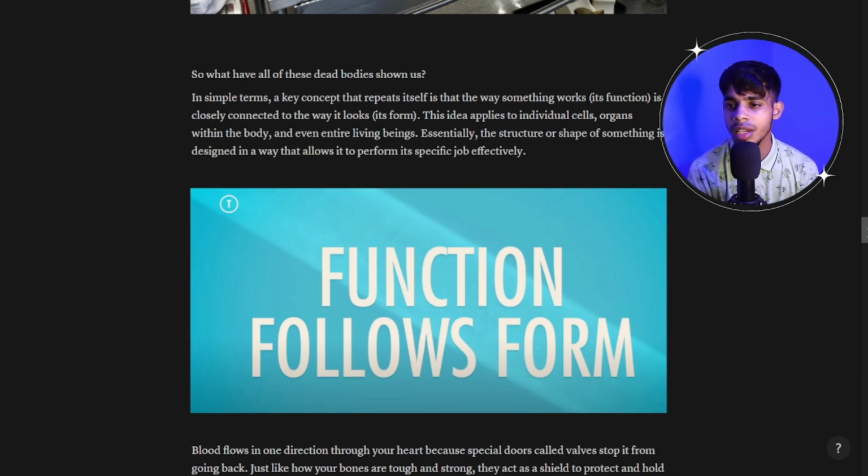The idea applies to the individual cell, the organs within a body, and then the entire living being. Essentially, the structure or shape of something is designed in a way that allows it to perform certain functions very effectively. Imagine how your hands and legs are designed. You have five fingers, and you use each of them for various purposes, and the design is what helps them do those actions very effectively, right?